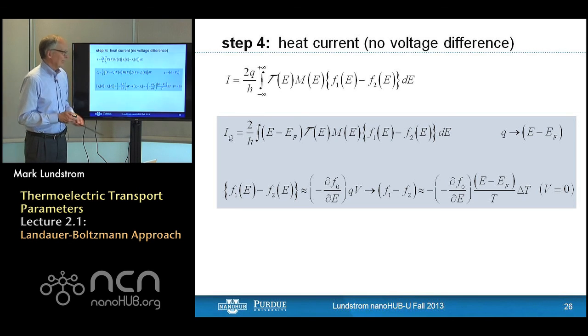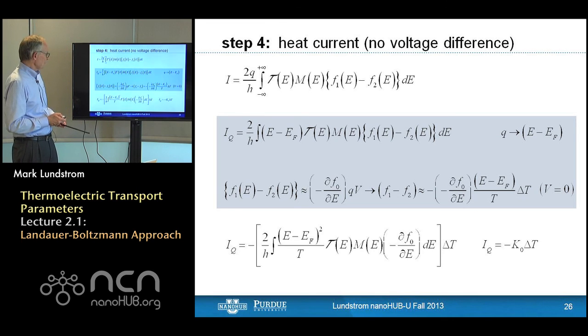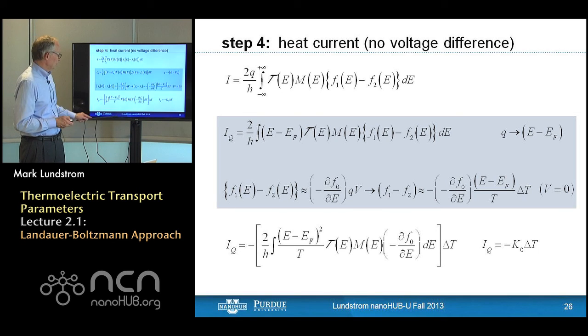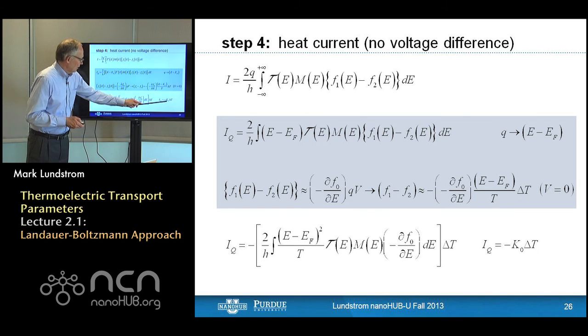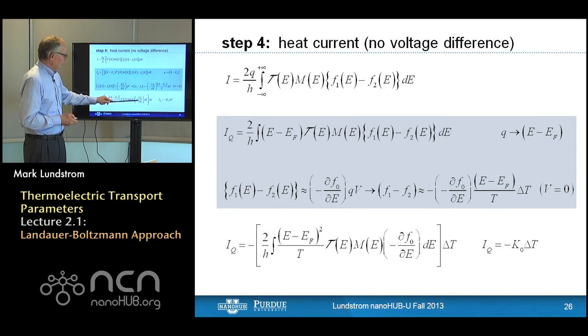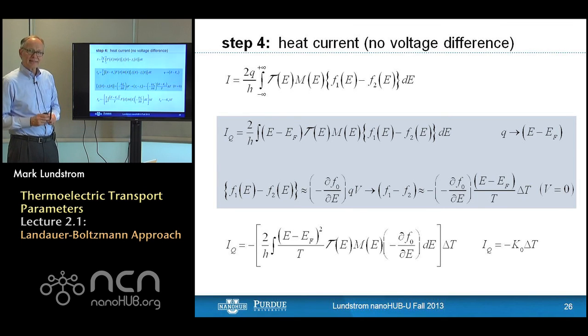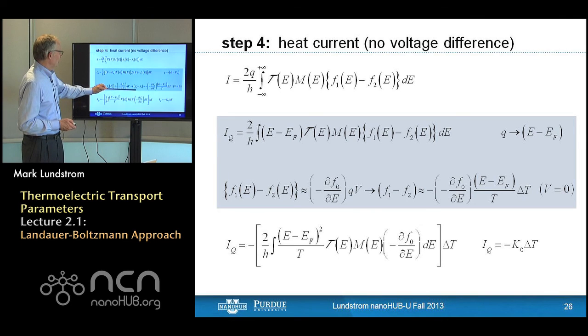That gives us a second E minus EF. And when we put those two together, we're going to find that the heat current is proportional to the temperature difference. All of this complicated business inside the square brackets is the electronic heat conductance under short circuit conditions, because when we write this equation here, we've assumed that voltage is 0.